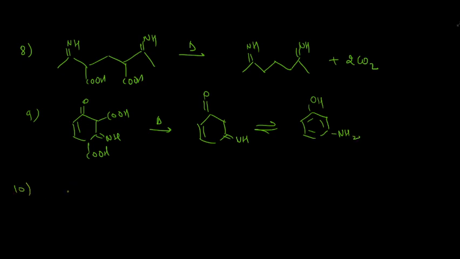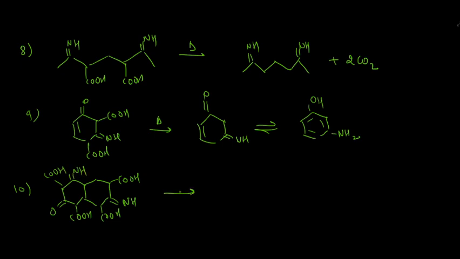Tenth, the last but not least, we have COOH and double bond NH. We have this compound. So every time we have a beta position with respect to the carboxylic acid, a compound like alpha beta, alpha beta, alpha beta. Here we have alpha beta.